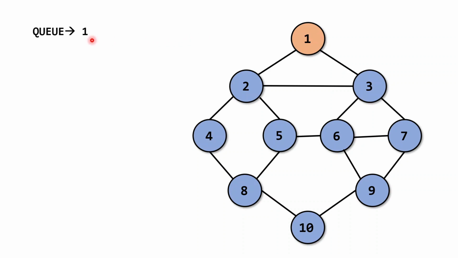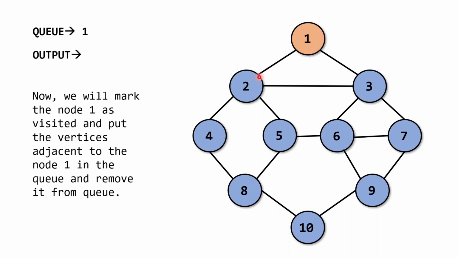So in the queue I have 1, which represents this vertex, and after this I will check the adjacent vertices of 1, that is 2 and 3. There is no other adjacent vertex to this particular vertex 1.